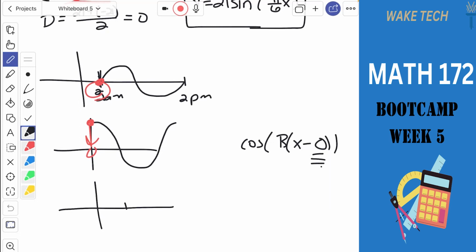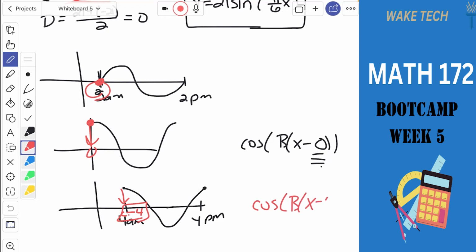If the tides went from 4 a.m. to 4 p.m. and it was a cosine cycle, maximum to maximum, then fine, we would have a C value of 4 for the cosine cycle there. But it all has to do with the time. For most of the problems it will be time, but it doesn't always have to be time. It has to do with the time that the cycle itself begins.